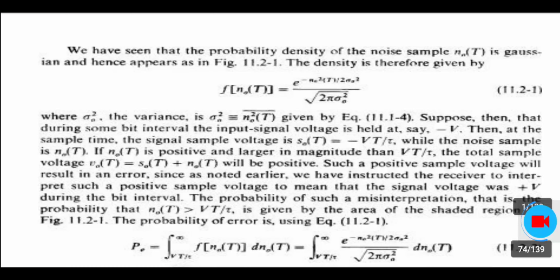Here the data transmission is binary data, either 0 or 1. Here we can easily identify the probability density of the noise samples. And one more thing, to identify the entire time duration of the pulse signal, that means finding the samples of each signal, that is simply sample and hold signals.